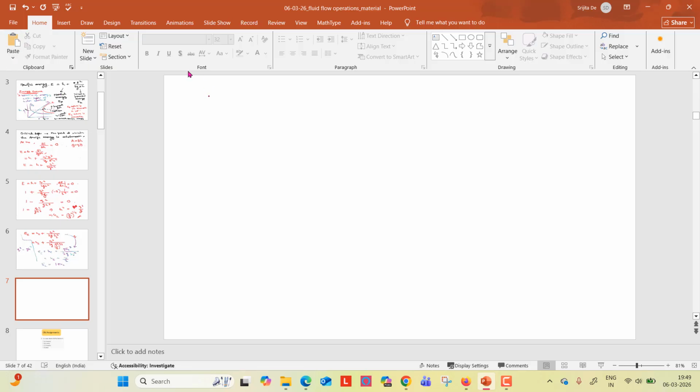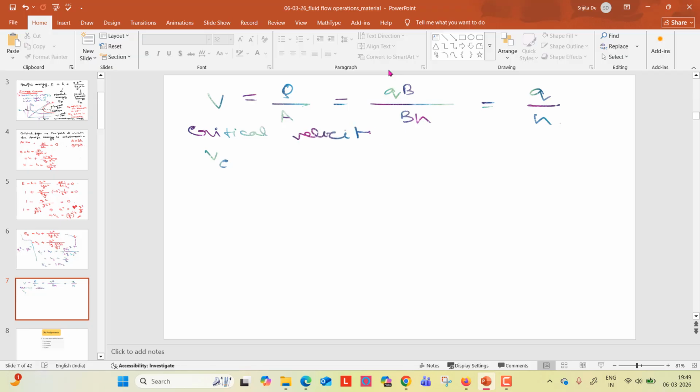So velocity was q by a, right? So q into b by a is b into h. So it is nothing but q by h. So critical velocity means vc equals to q by hc.